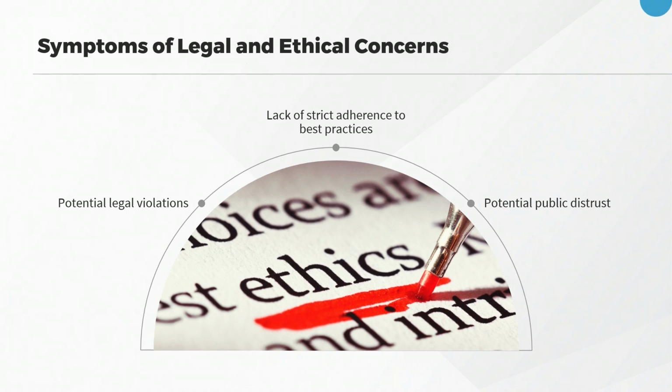Inadequate adherence to ethical principles and industry best practices in AI development and deployment can also lead to ethical dilemmas, biases, and unintended consequences, undermining trust and credibility in AI systems. And instances of unethical AI practices, privacy violations, or biased algorithms can erode the public trust in AI systems, hindering the widespread adoption and acceptance of AI technologies.